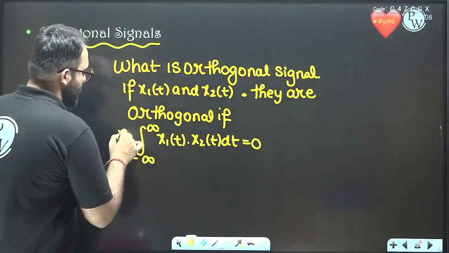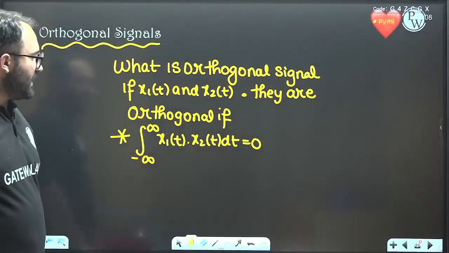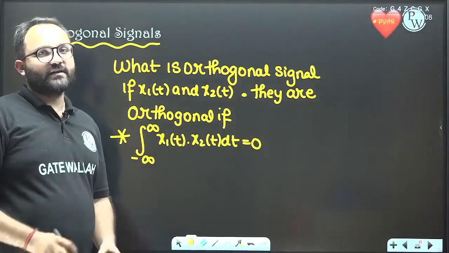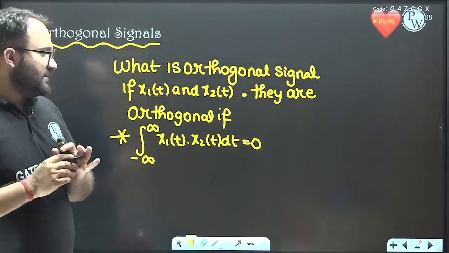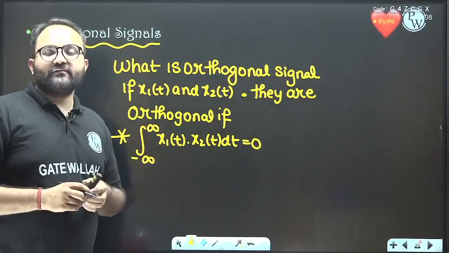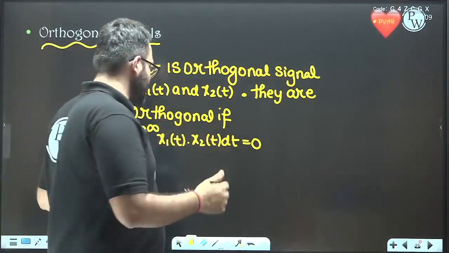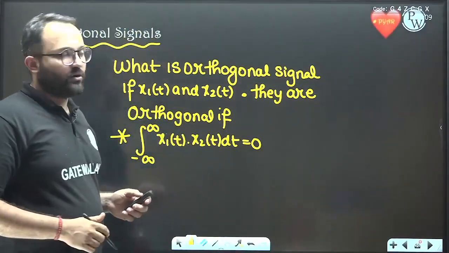That means multiply the two signals and integrate the result from minus infinity to infinity. If you get a 0, then the signals are orthogonal.